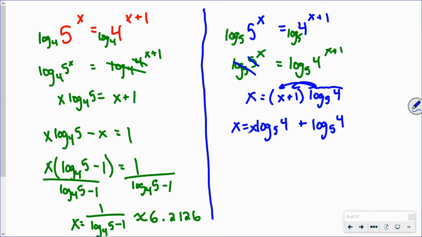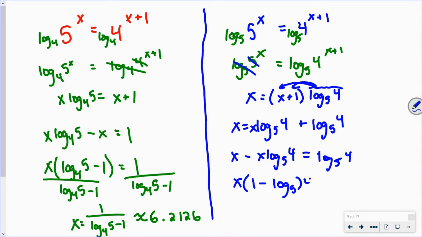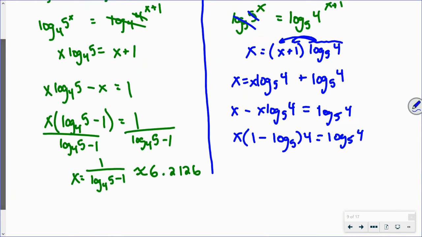Now I repeat the same process. I get my x's on one side, so x minus x log base 5 of 4 equals log base 5 of 4. Factor out an x, so you get 1 minus log base 5 of 4 equals log base 5 of 4, and then you're going to divide by what's in those parentheses.